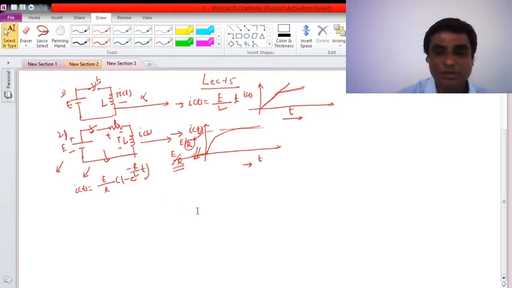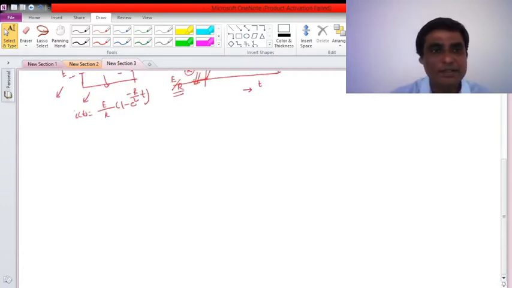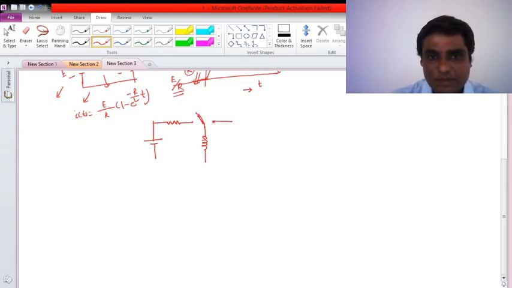Now let us see how it will be. I will draw the circuit. Say this is my circuit where the resistor is connected to the inductor, and then this is my switch, and there is simply a wire.